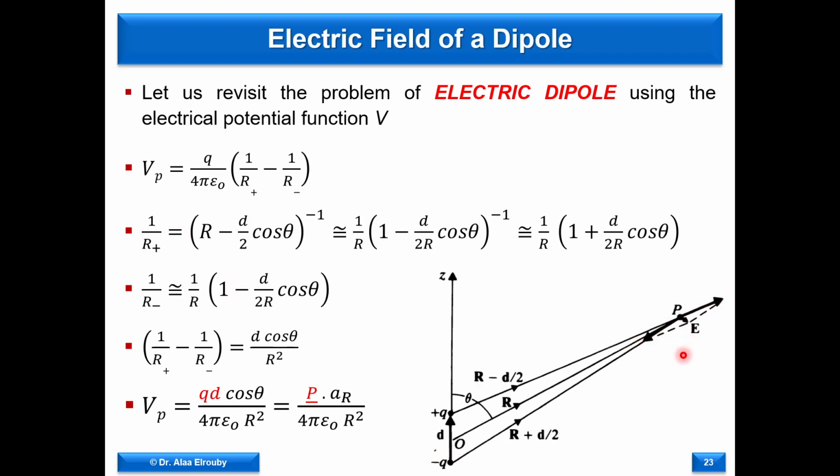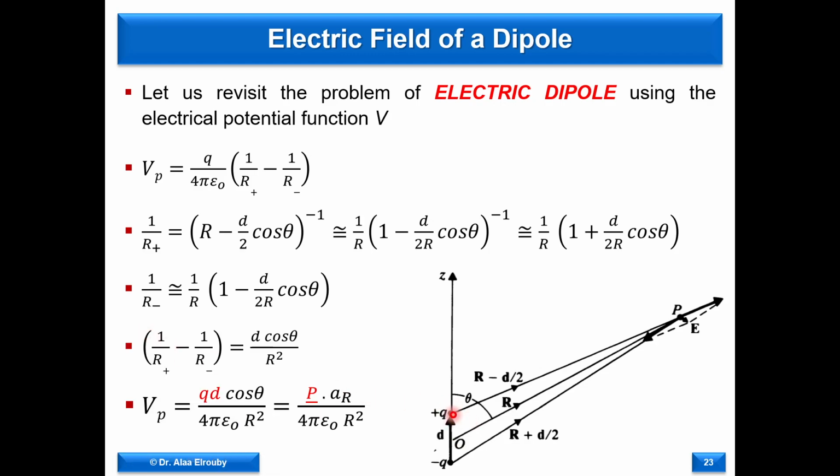From the geometry, we can say that r plus equals r minus d over 2 cosine theta. Here, this is supposed to be a perpendicular line. Let me draw it again.